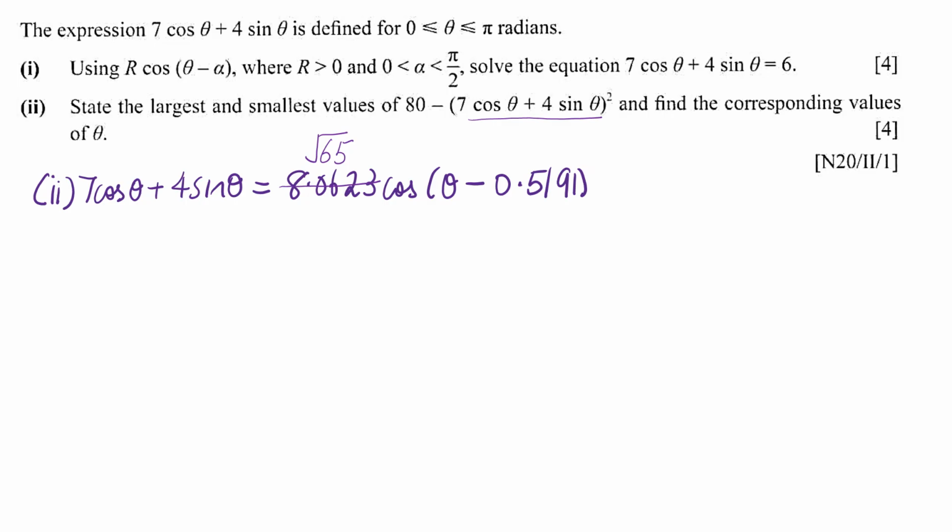All right. So there are 2 things we need to find, the largest and the smallest. So let's start off by finding the largest first. So to get the largest value for this, 80 minus bracket 7 cos, sorry, I'm just going to replace that with square root 65.